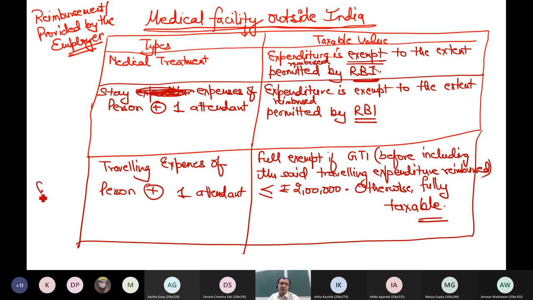And here also the family means the same, because that meaning of family was not only for medical in India, that is also for medical outside India. Let me first discuss an example from my book, and then I will take your doubt.